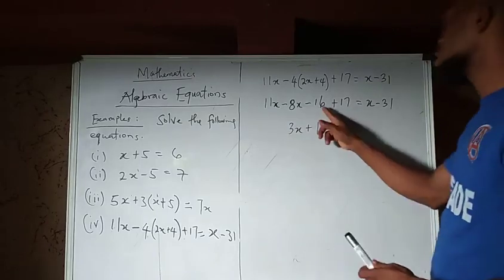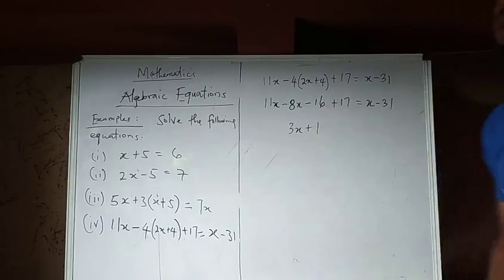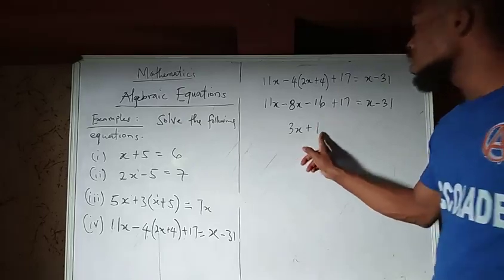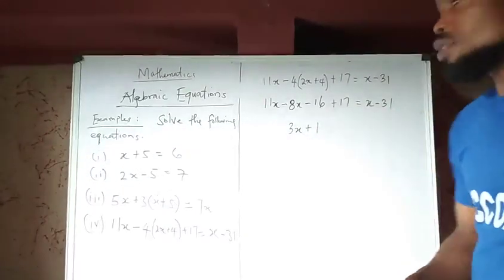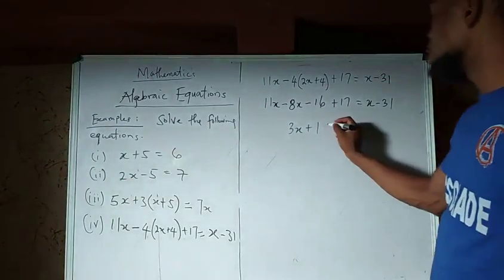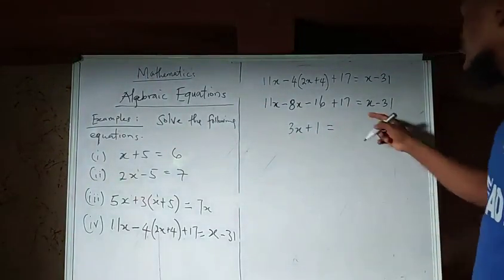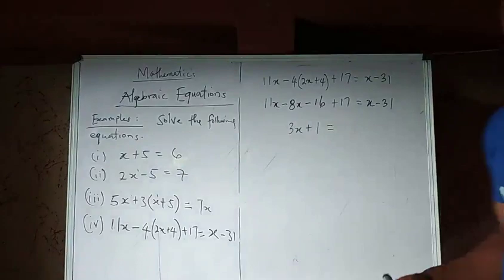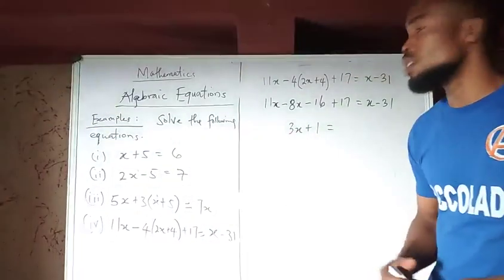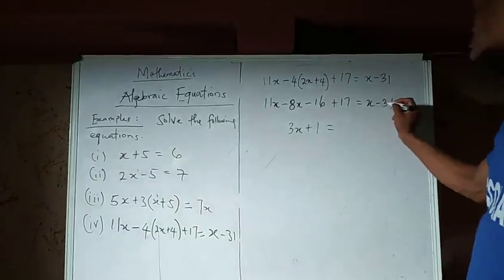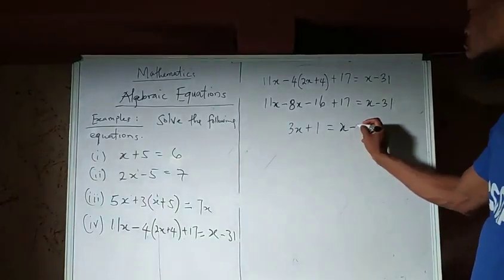I'm going to do a video on directed numbers so that you can know how those things come about. You just look out for my video on directed numbers to understand how this works. Okay, so this is going to be equal to x minus 31.